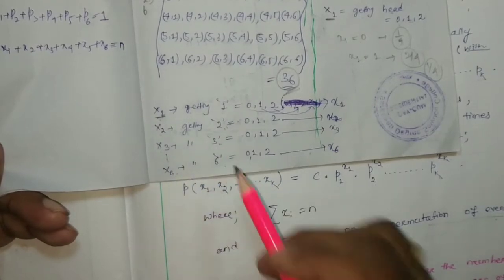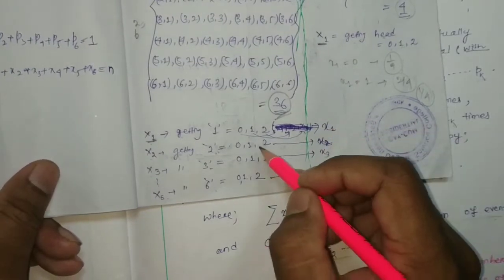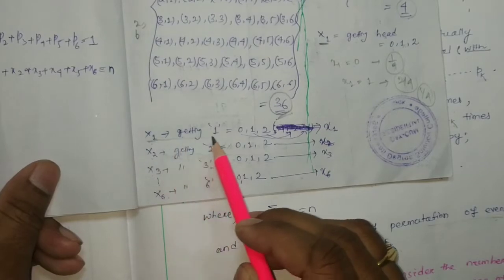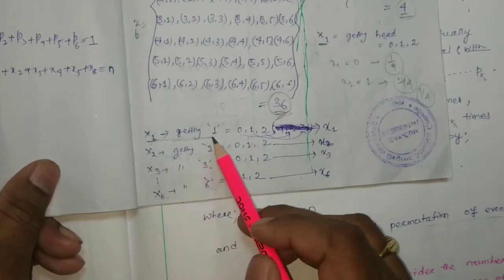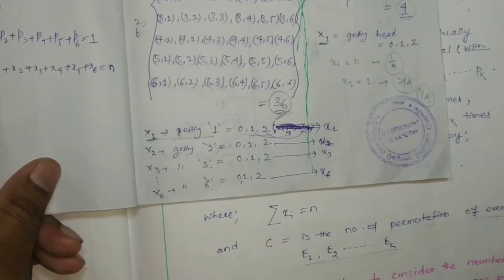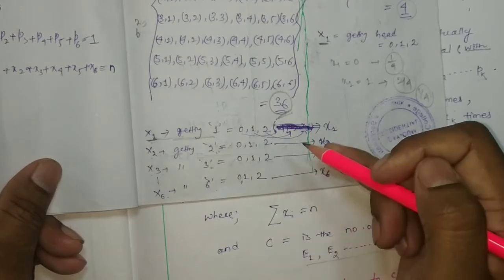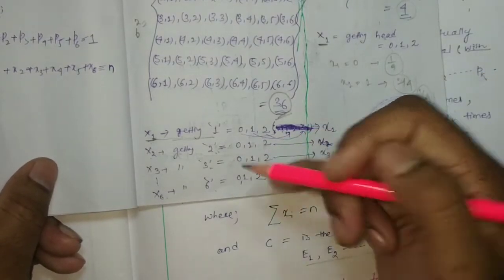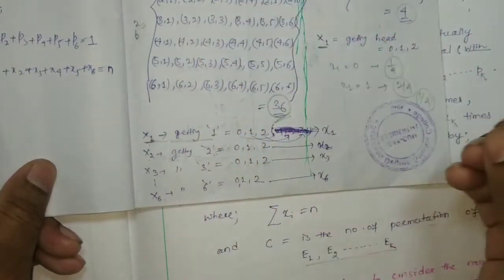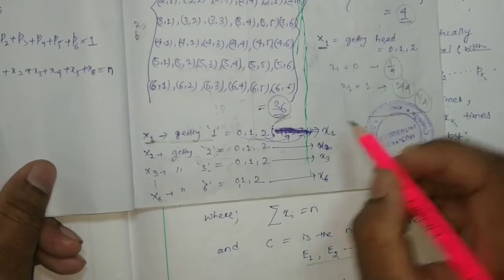So here you can find that X1 means getting 1. How many times can we get it, or how many times will it come out? If I roll two dice, maybe 0 times I get 1.